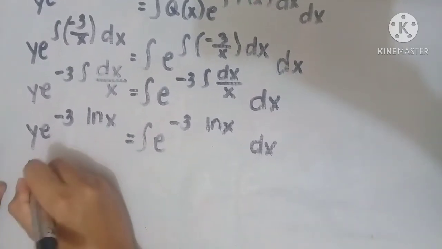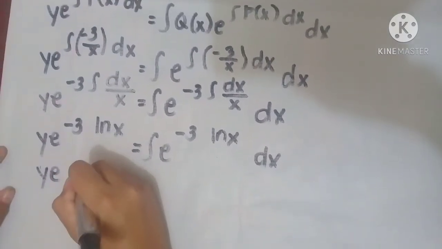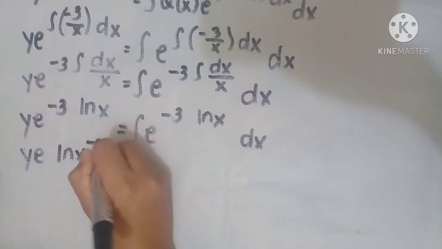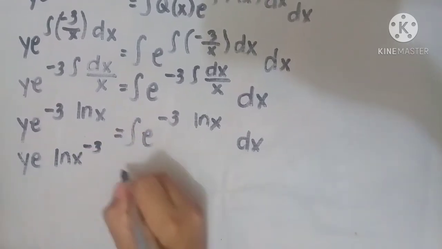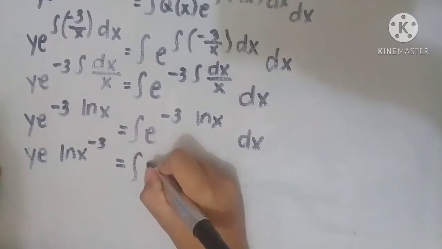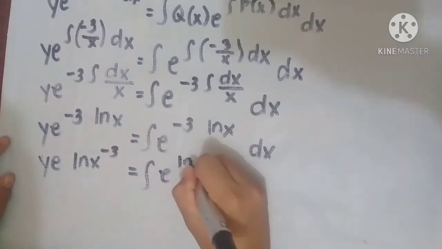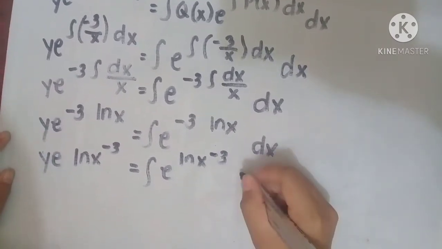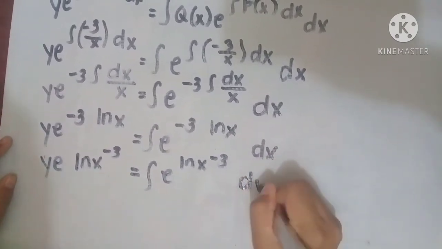So we'll then have y times e raised to ln x to the power of negative 3 equals the integral of e raised to ln x to the power of negative 3 dx.